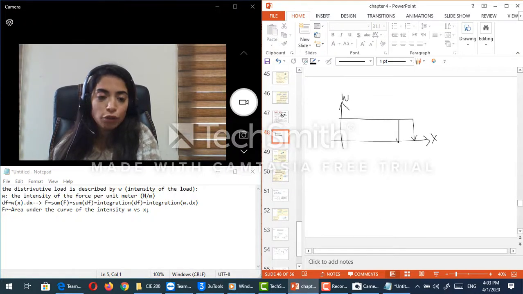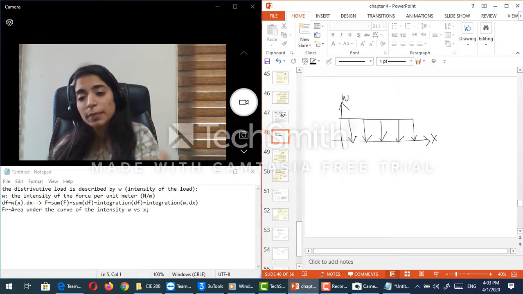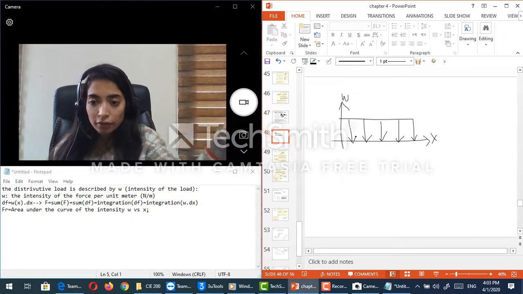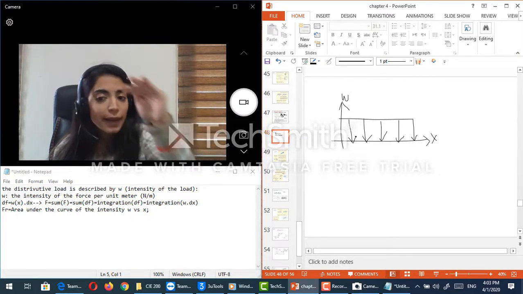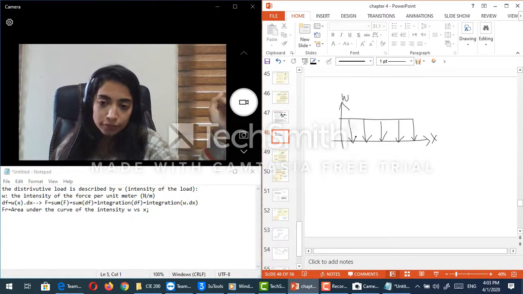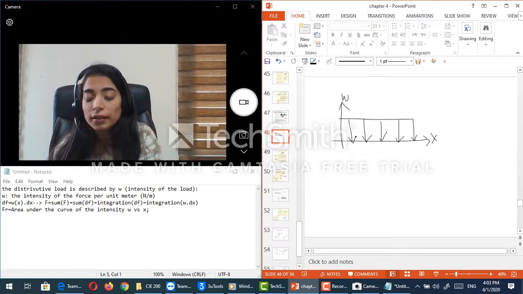If omega is uniformly distributed along X, and I need to plot omega versus X, omega will of course be a horizontal line.